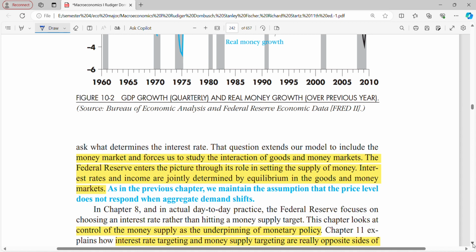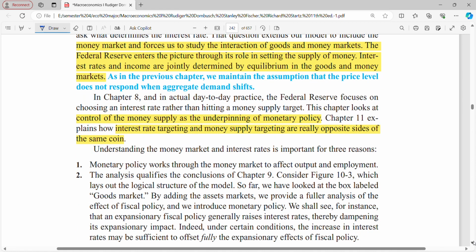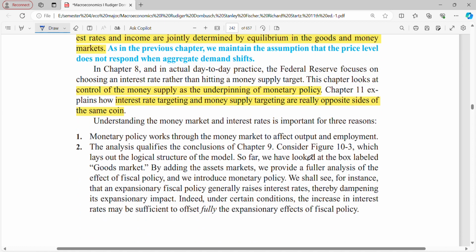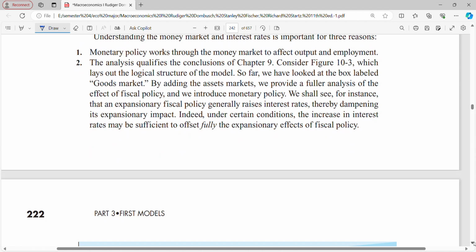Okay. So here we'll be looking at the control of money supply as the underpinning of monetary policy. The continuation is chapter 11, so that is also very important.